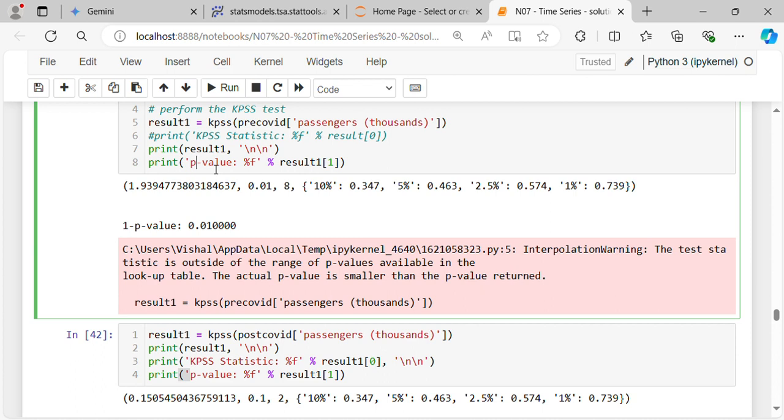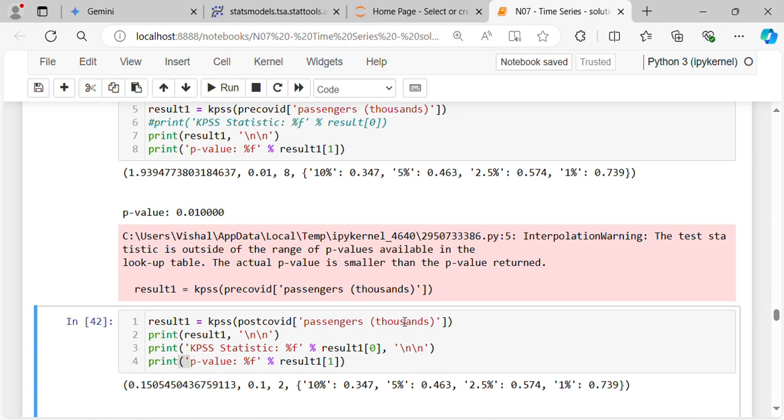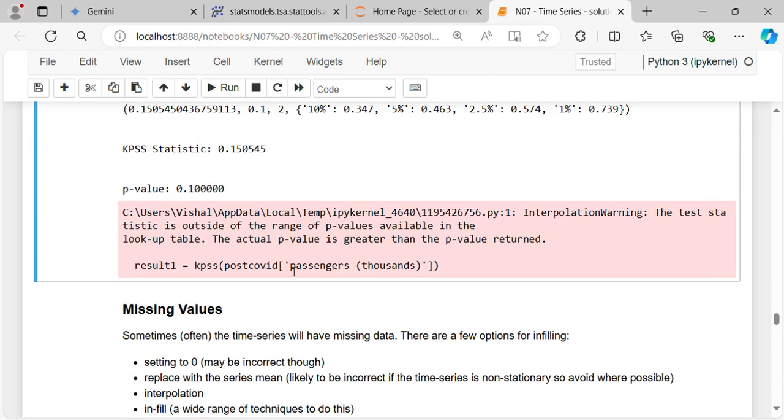So the actual p-value is smaller than the p-value retained.